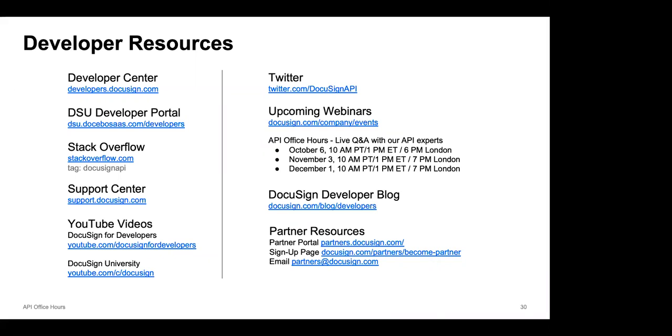Yeah, well, it makes sense. We focused on DSU and on developer content, but there's this whole other team in DocuSign that's also working to support developers. So the Developer Center is a support site that is focused on developers. There's documentation for all the different APIs. There's documentation for different integrations.